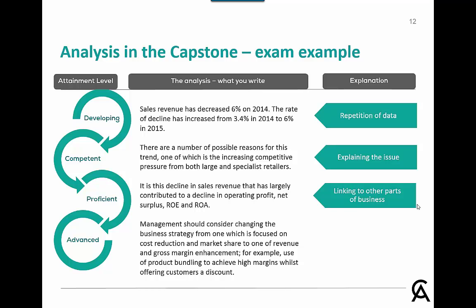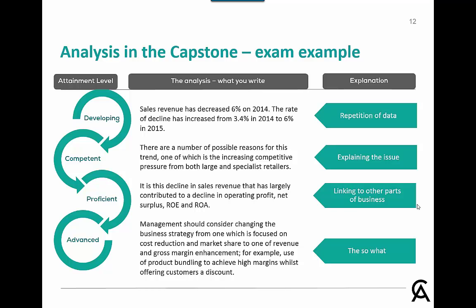And you can see that happening. But the so what from this analysis of the sales revenue is that it actually isn't going to work because you are going to have this pressure from large and specialist retailers that is going to affect your profit. So now our so what is your strategy is not going to work due to your competitive pressures.